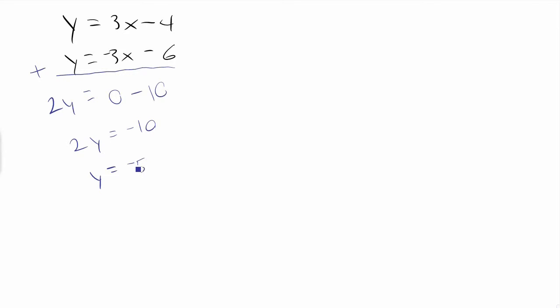If I take negative 5 and put it into either one of these equations, I get my answer for x. So if I take this top equation, I have this to work with, and like I did before, I'm solving for x.